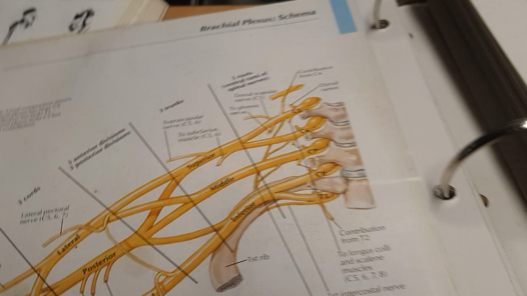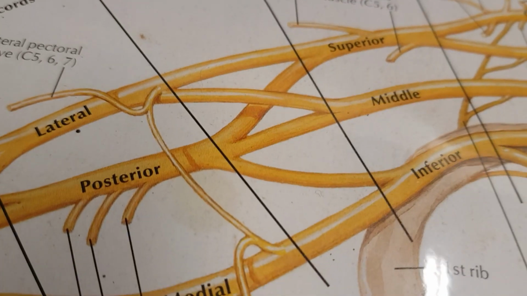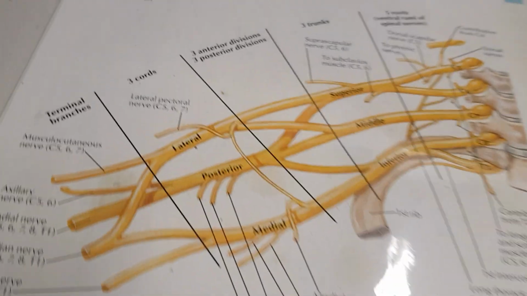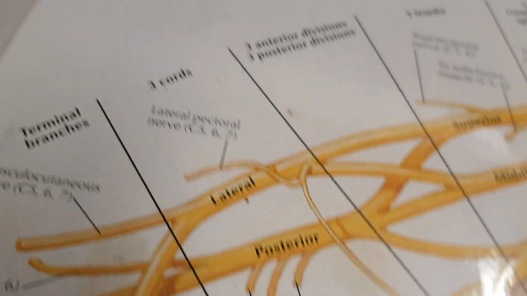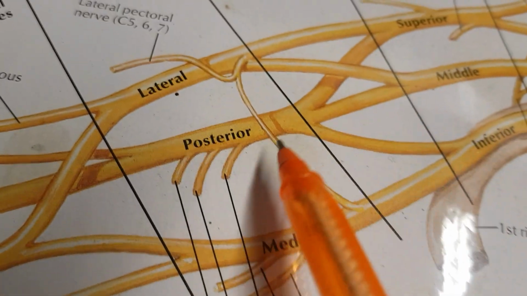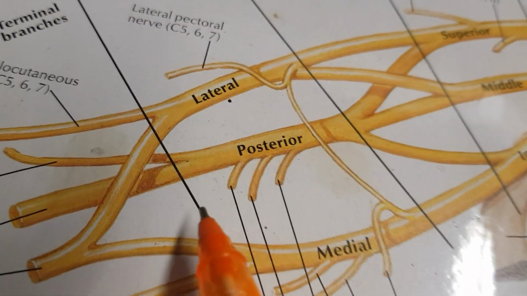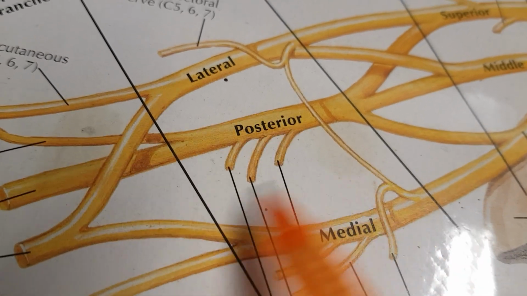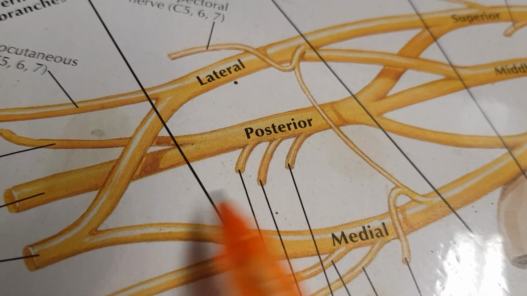Therefore, we have what we call the mechanical interface of a nerve. Because the nerves are not sitting alone, there are structures along the nerve. We have muscle, we have capsule, we have different structures along the nerve. We have blood vessels, we have bones.